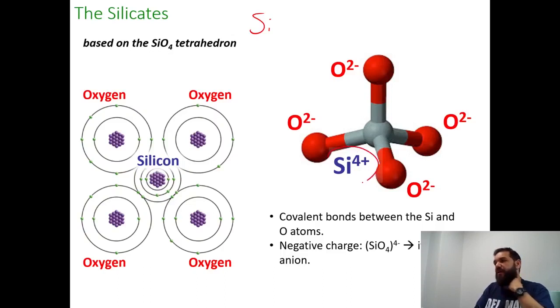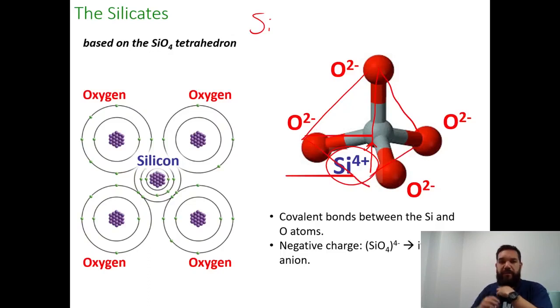Silicon plus 4 in the center, and it's going to create something that kind of looks like a pyramid. It's not actually a pyramid. It's called a tetrahedron. A pyramid actually has 5 different faces. A tetrahedron only has 4, but it kind of looks like a pyramid.